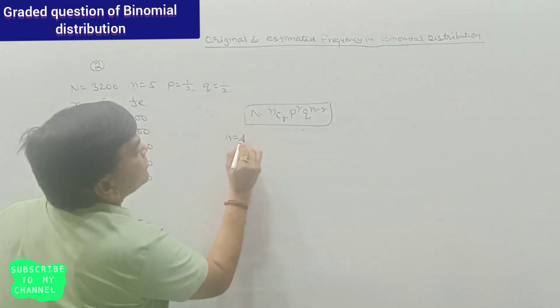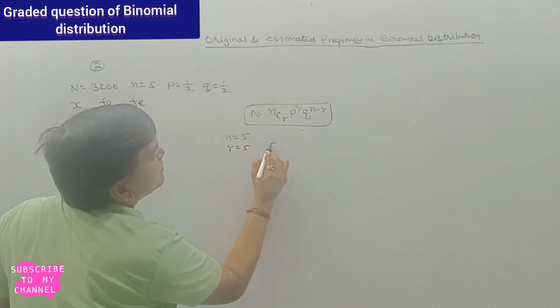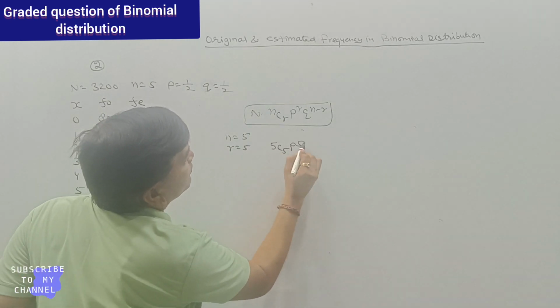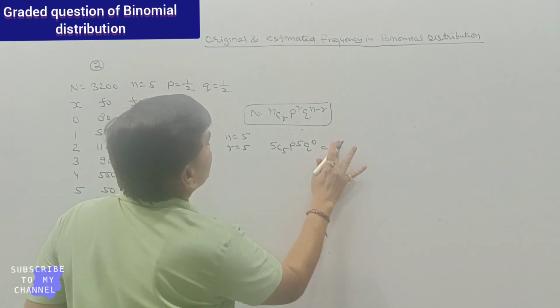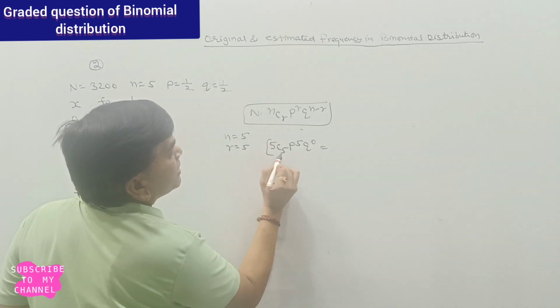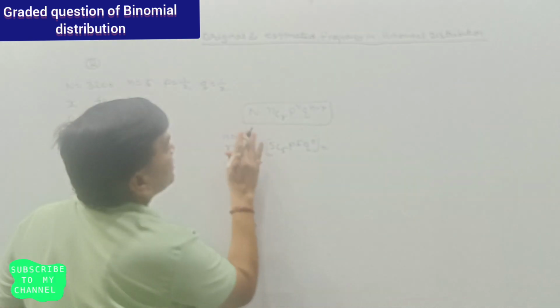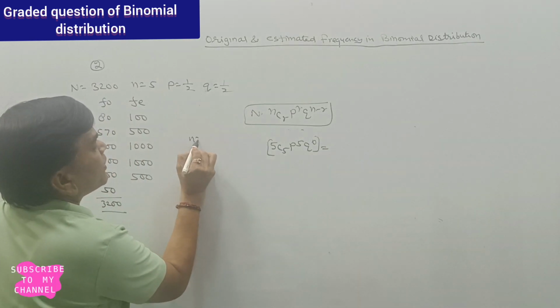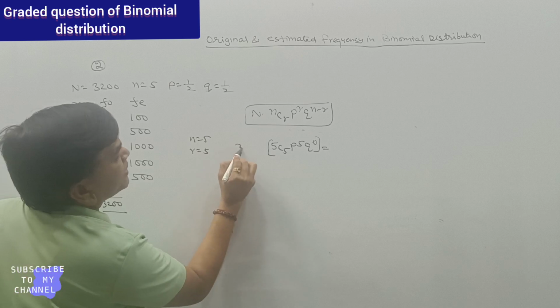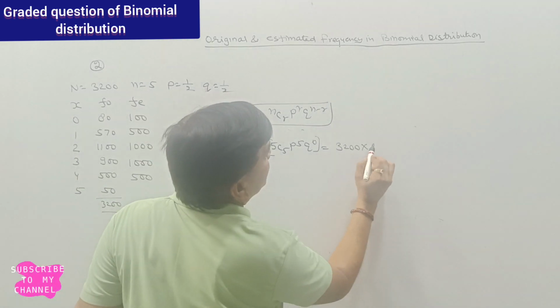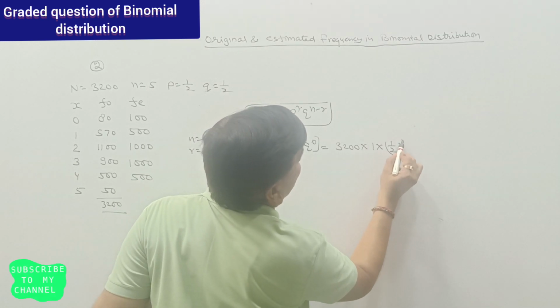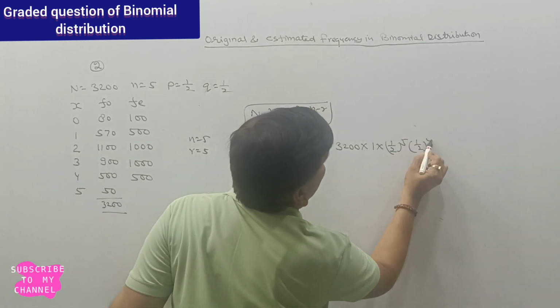So n is equal to 5 and r is also equal to 5. So 5C5, p raised to power 5, q raised to power 0. So 3200 multiply 1 by 2 raised to power 5, 1 by 2 raised to power 0.